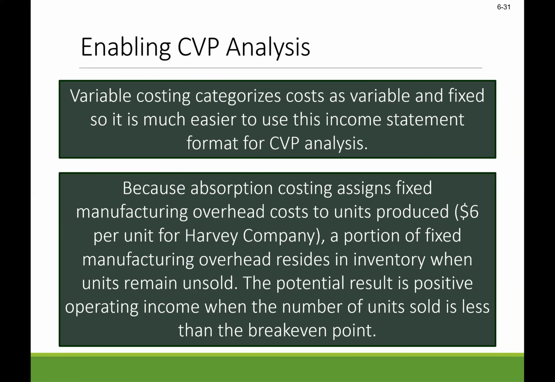Because absorption costing assigns fixed manufacturing costs to units produced, a portion of fixed manufacturing overhead is still in inventory when those units are unsold. The potential result is positive operating income when the number of units sold is less than the break-even point.